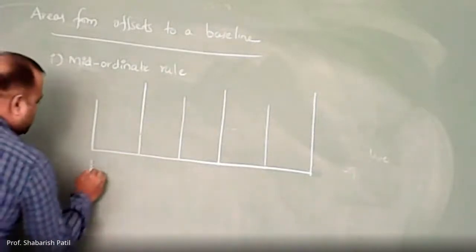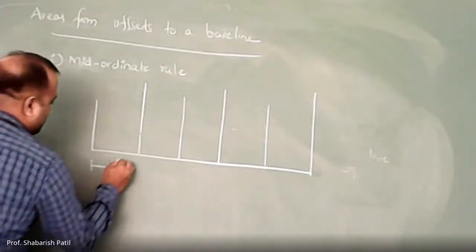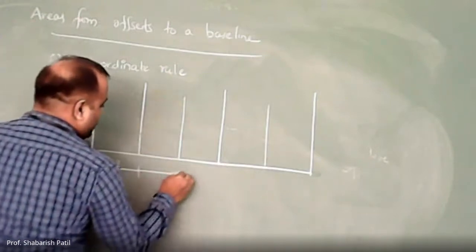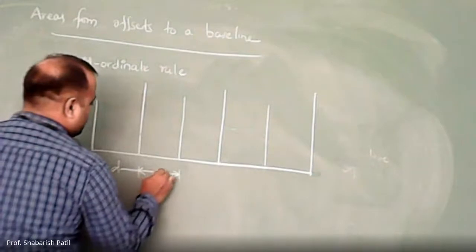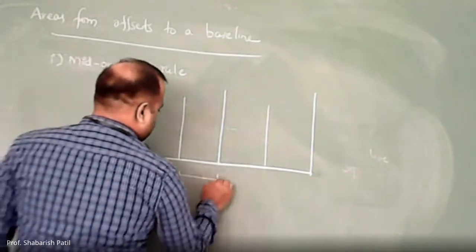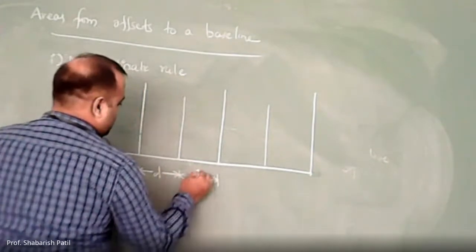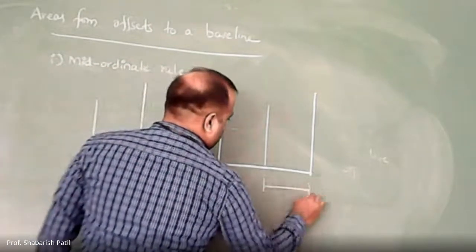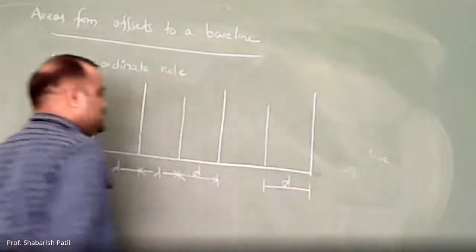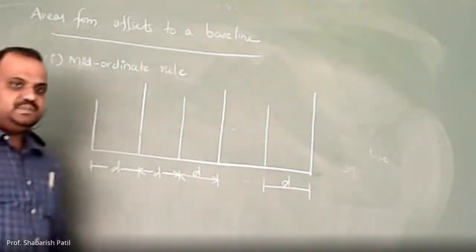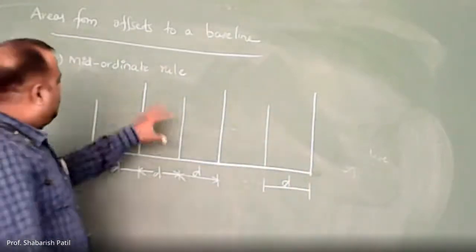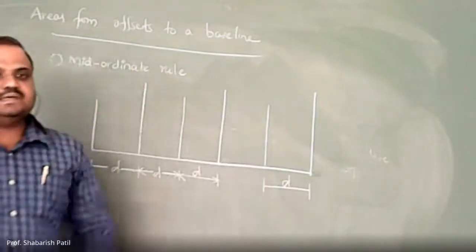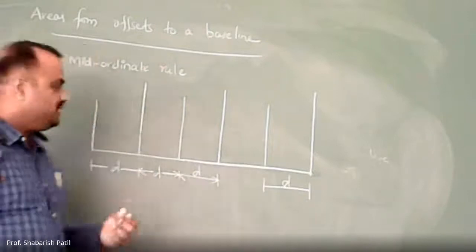Each strip is of equal width d. We divide the area into segments of equal width.